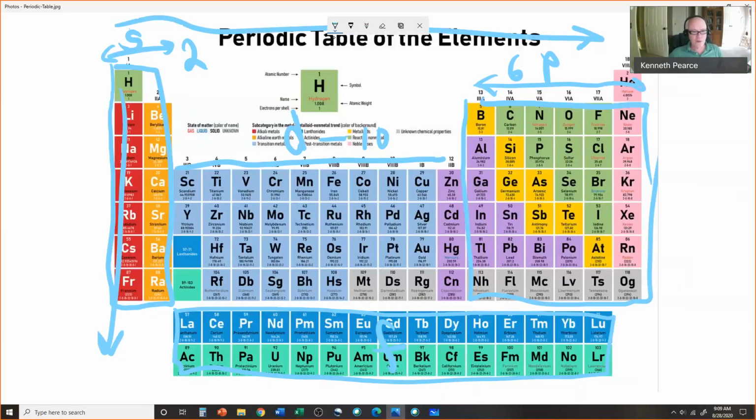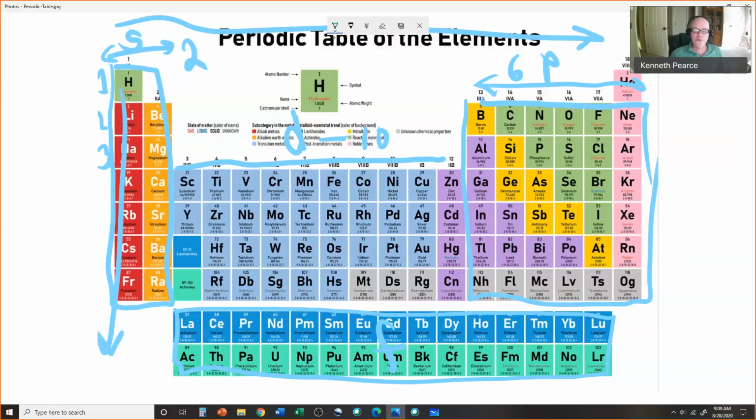We're not going to do the D elements. We're just going to do the first 3 periods. The S and P elements are going to be the same as the period. Okay? So it's going to be the same as the period.